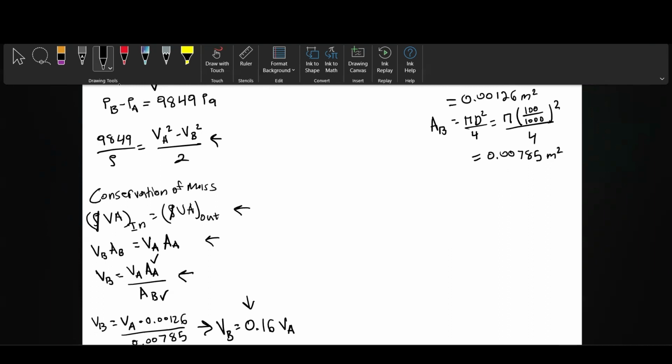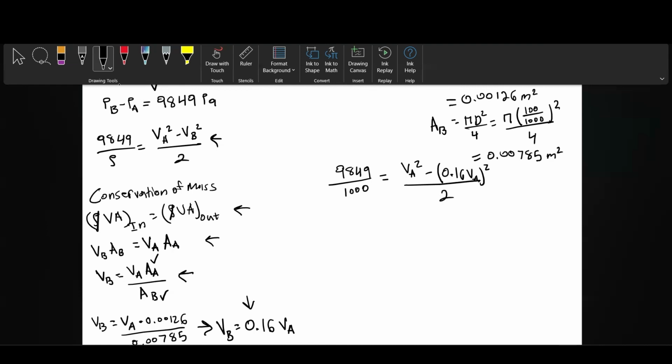We're going to say 9849 divided by rho, which is 1,000, is equal to VA squared minus 0.16 VA squared over 2.